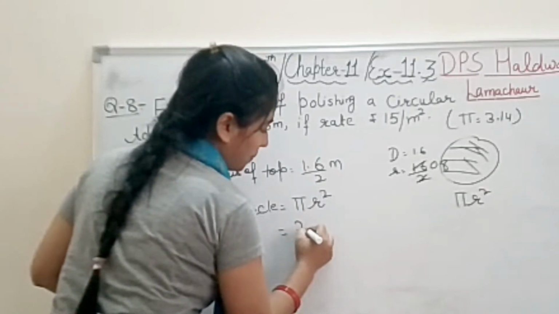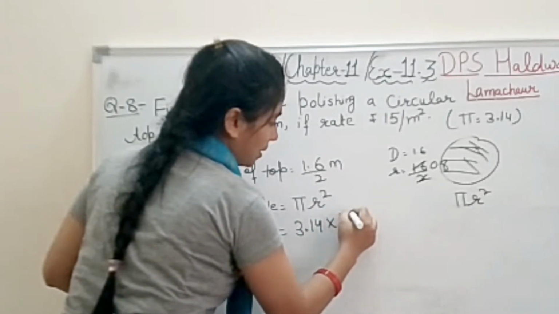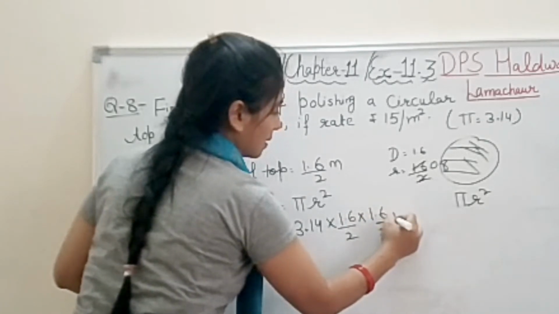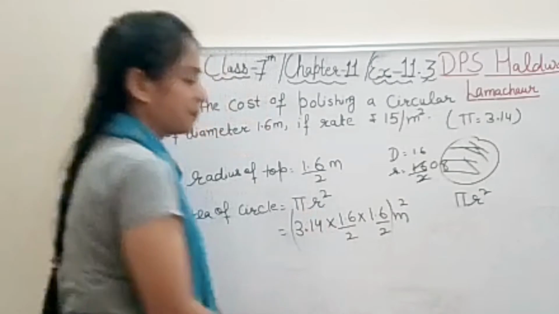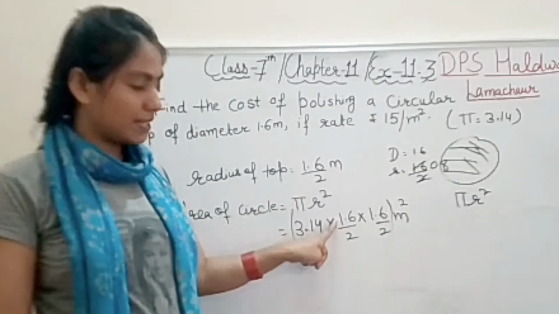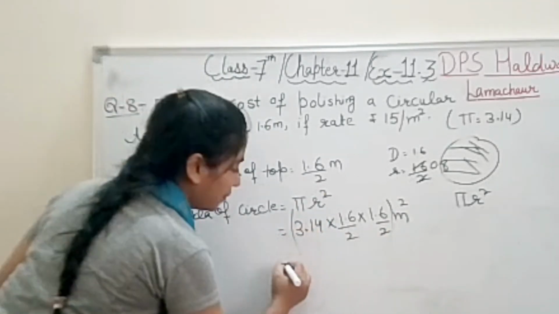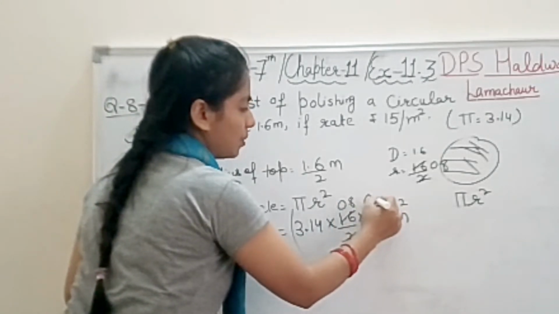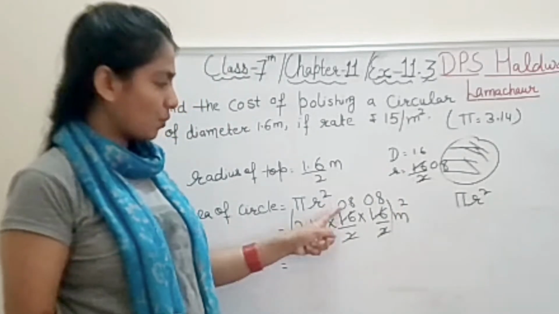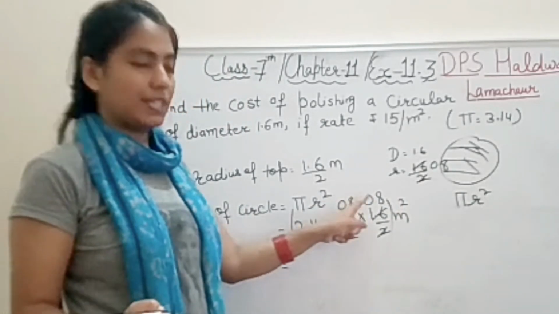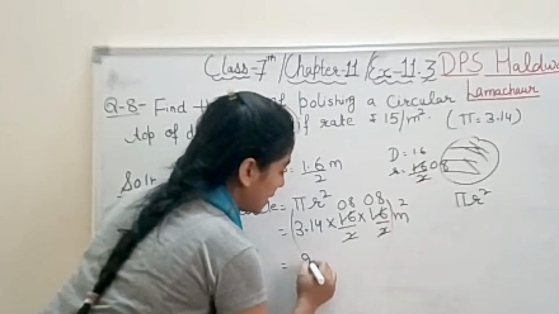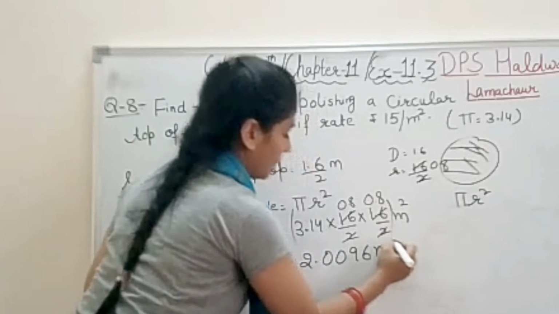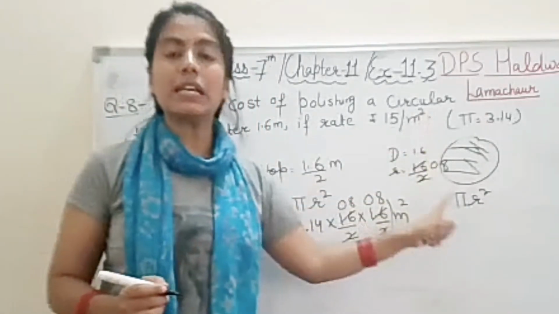So pi value is 3.14 into 1.6 by 2 into 1.6 by 2, right, student? R square means this value two times. After solving this, 2 8s are 16 means 0.8. So after solving it, 3.14 into 0.8 into 0.8, you will get 2.0096, and this is meter square. So this is the area of this circular top.